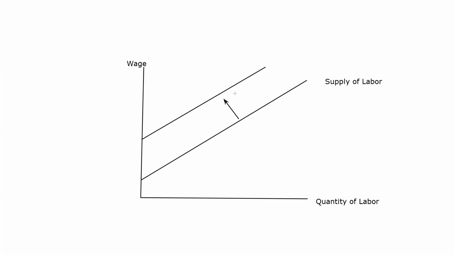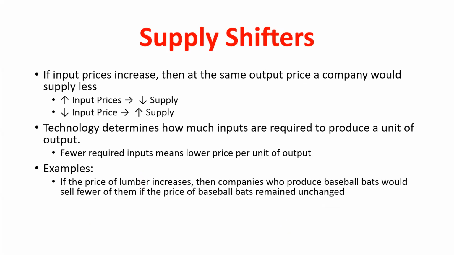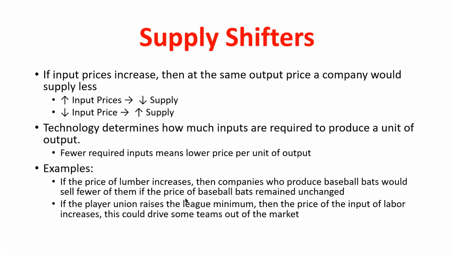All right, any questions on that before I keep moving? All right. And we'll do a lot more with the labor market as we continue. But really the main difference there is we're thinking about the price of labor as the wage, okay?